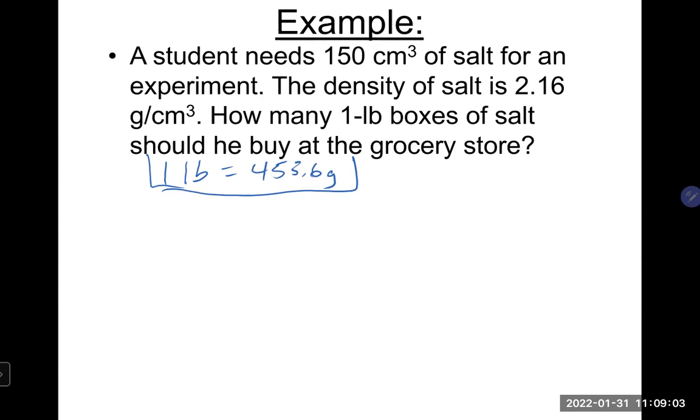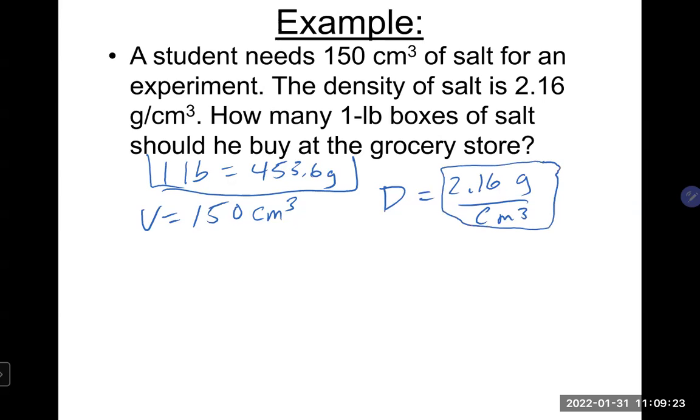The student needs 150 cubic centimeters. Remember, that is a volume. We are given the density in this case, which is 2.16 grams per cubic centimeter. If you wanted to approach this like a dimensional analysis problem, you could use this like a conversion factor, like this.